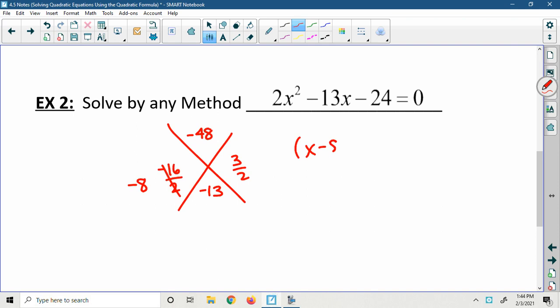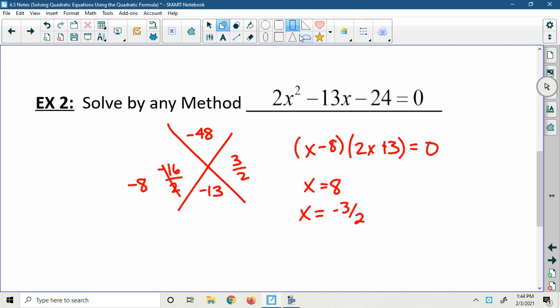We'll have x minus 8 and 2x plus 3 as our factors. That all equals 0. Set each one equal to 0 and then solve it. Pretty confident that you can do all that. So I will just write the final answers. X would equal 8 and x would equal negative 3 halves. So hopefully you got those answers no matter which method you chose.